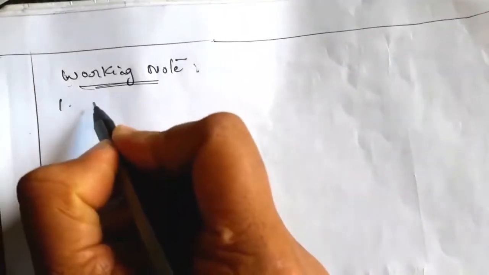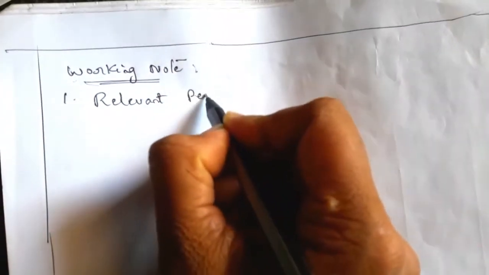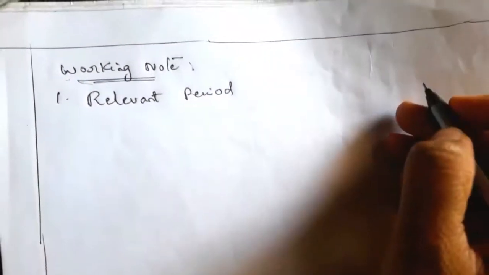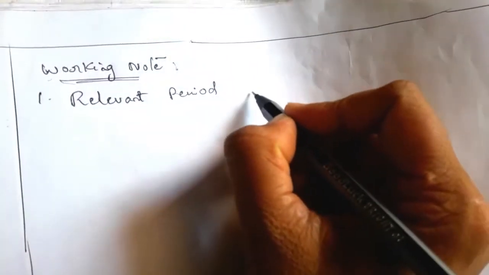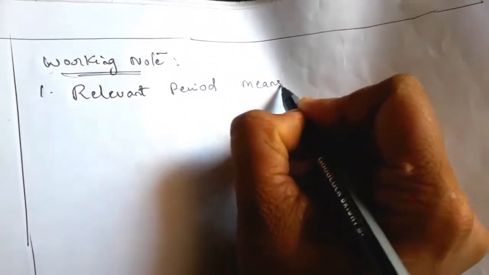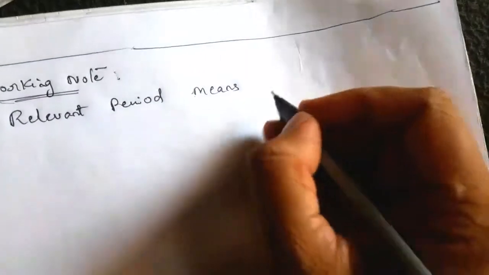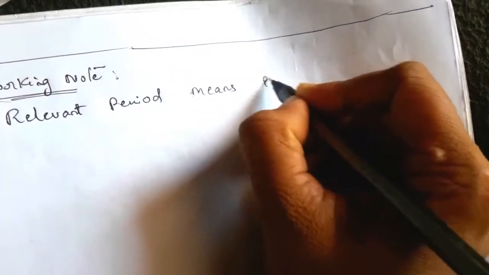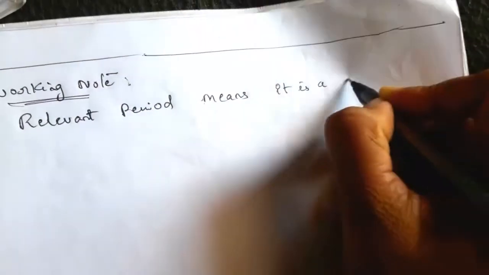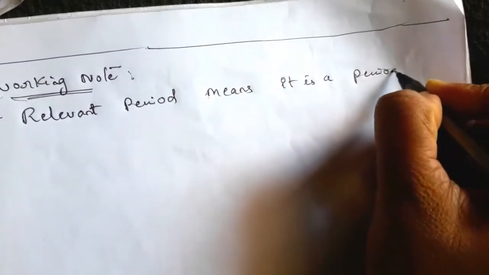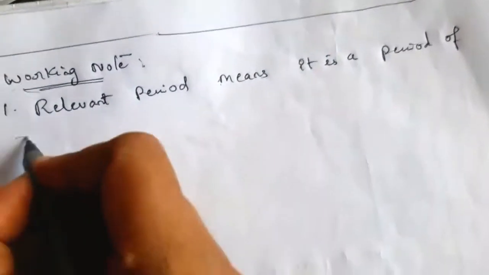First we will write the working note for the relevant period. What does relevant period mean? It means the period of stay in a rented house.